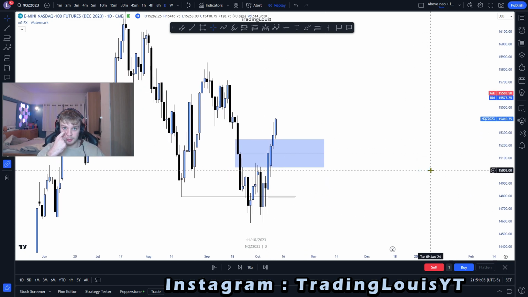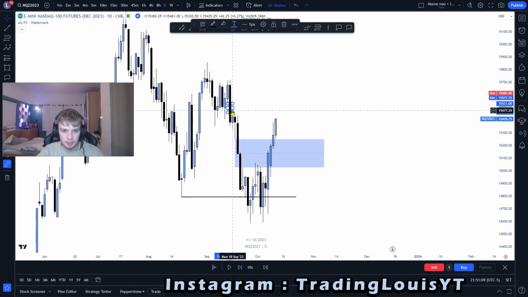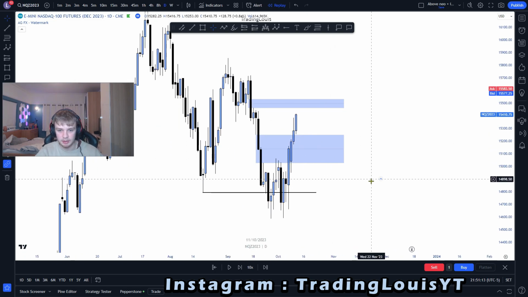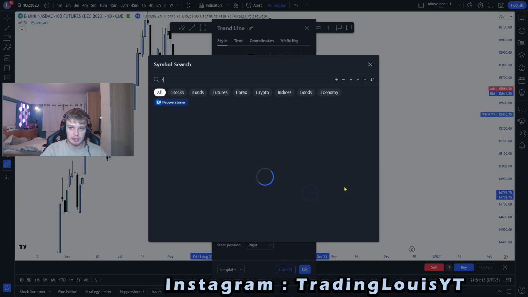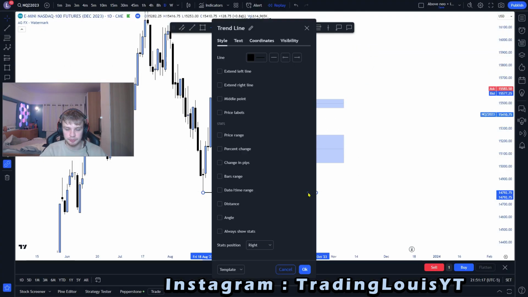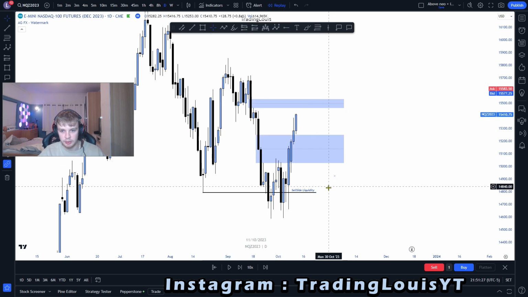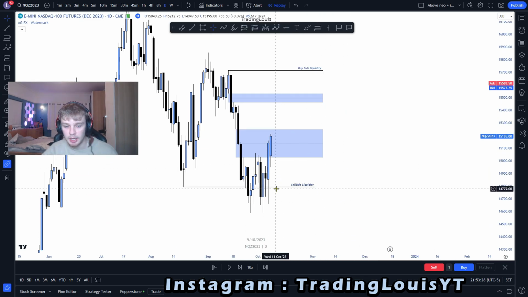So what would I be thinking to myself right now? Well, we have one more fair value gap up here, but just because price has disrespected these fair value gaps down here, and it has taken sell side liquidity, so here would be sell side liquidity. So that is sell side liquidity.